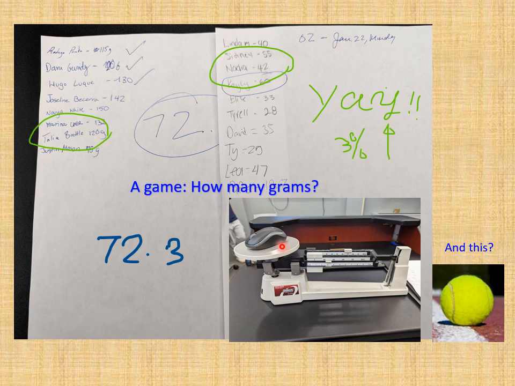In this case, you think it's less than 100, so you leave the 100 slider there, and then you move the tens slider over here, 10 grams, until you see it's between 70 and 80. So you stay at 70, the level is still going up, and then you slide this to 2 and 3. So from here you can see it's 72.3 or something like that.